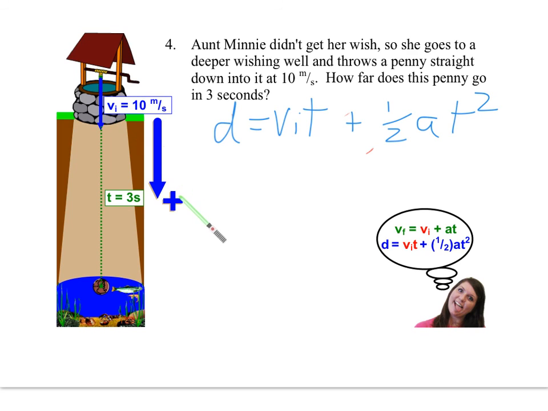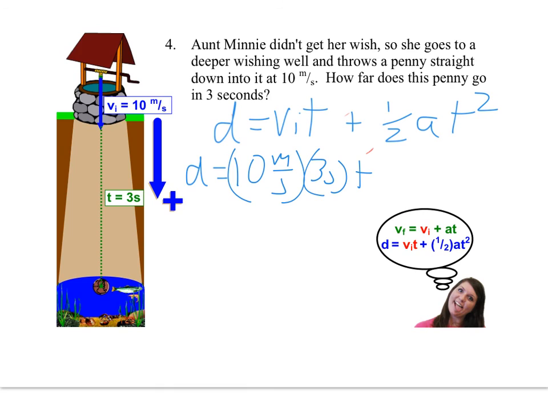We're keeping down positive. Our time is 3 seconds. And our acceleration, that's going to be due to gravity. So look what happens. D equals VI, which we're told right here is 10 meters per second. It says how far does this penny go in 3 seconds? So I'm going to sub in a time of 3 seconds.